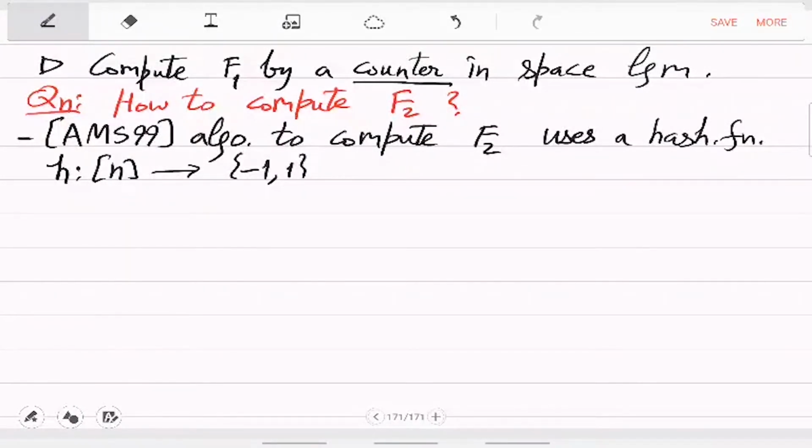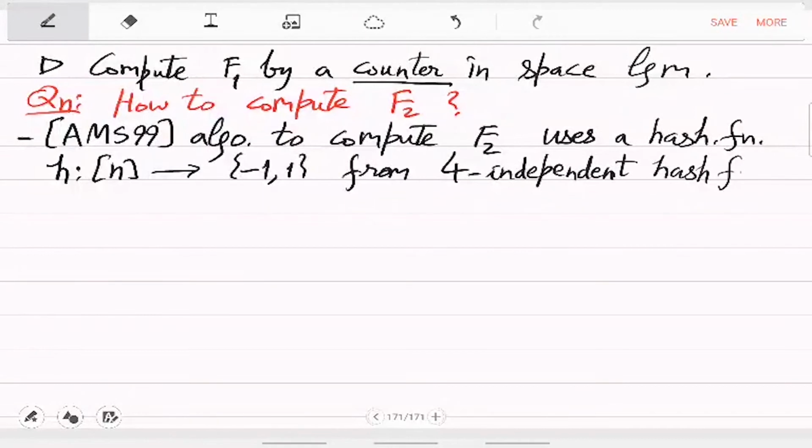and the sampling condition is also tougher. It needs 4-independence, from a 4-independent hash family. So, the pairwise independent hash family construction we have seen in this course.